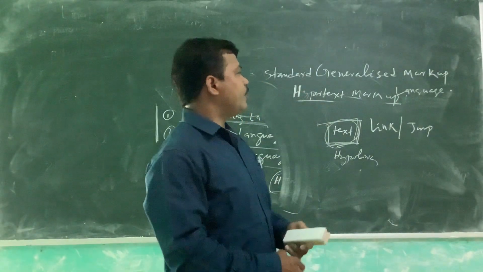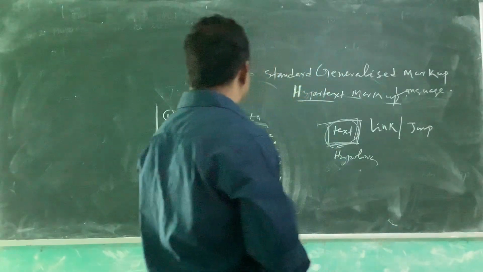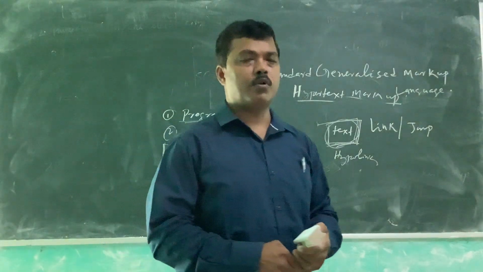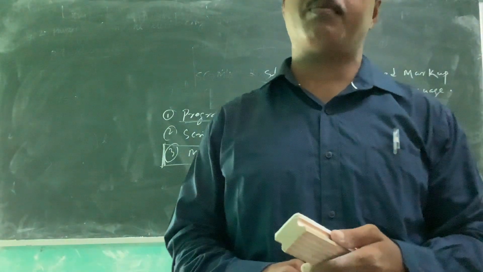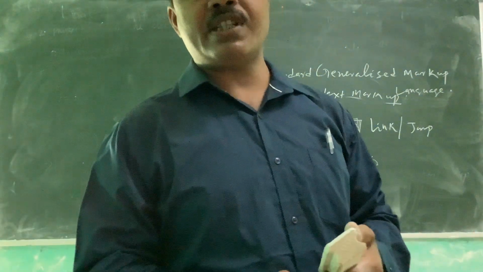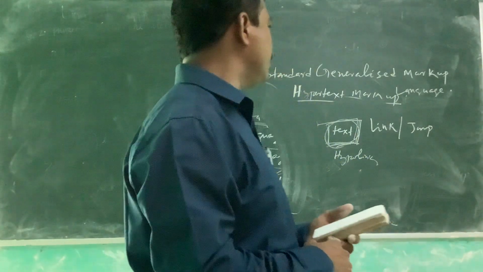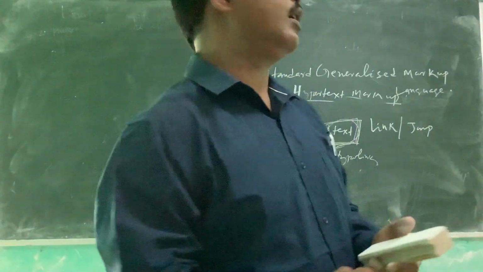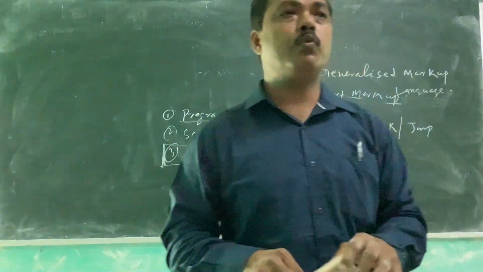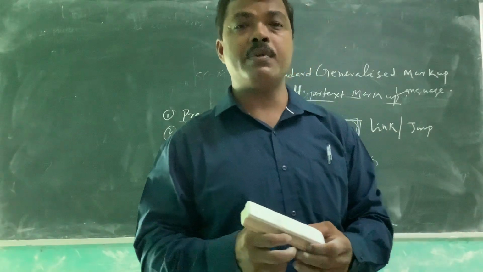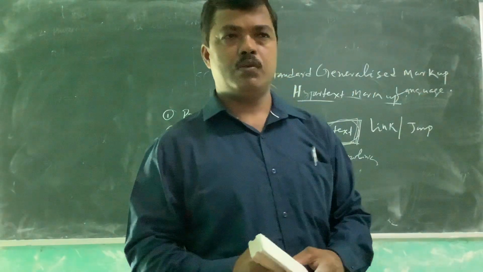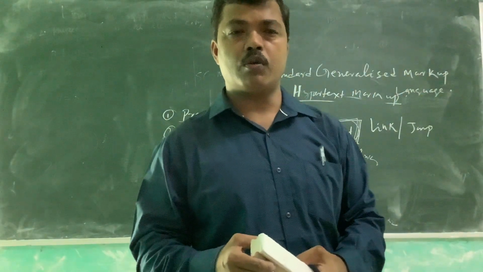Clear? Hypertext markup language. So, there are three types of languages we discussed. Programming languages like C, C++, Java, scripting languages like JavaScript, VBScript, Python, Perl, etc., and markup languages. That means here we do not have to write the logic, that is, how to solve a problem. We can interact with HTML documents.